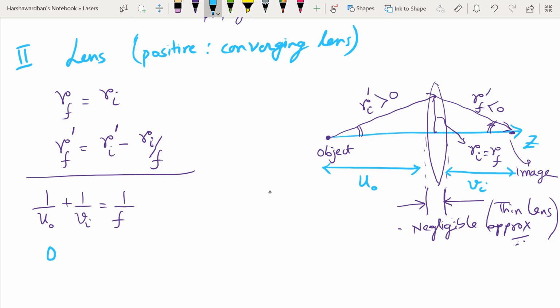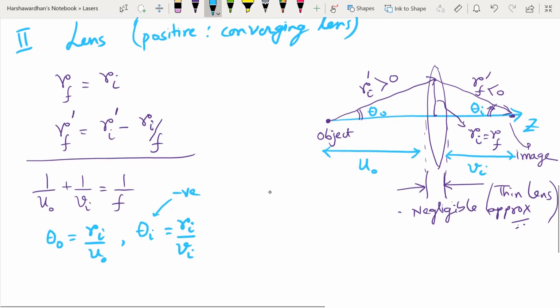Theta naught is this angle, and theta image is that angle. My theta naught is Ri by u naught. Similarly, my theta I, this is a negative quantity, is Ri by v image. And recall that we have the paraxial approximation.